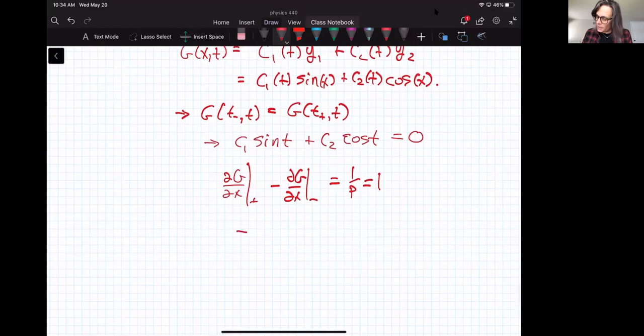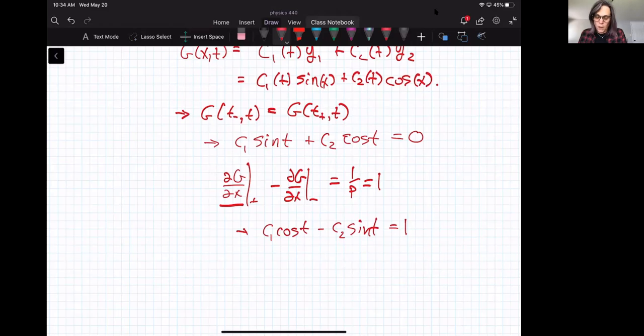So that means that c1 cosine t minus c2 sine t is equal to 1. We've taken the derivative of g with respect to x on either side.